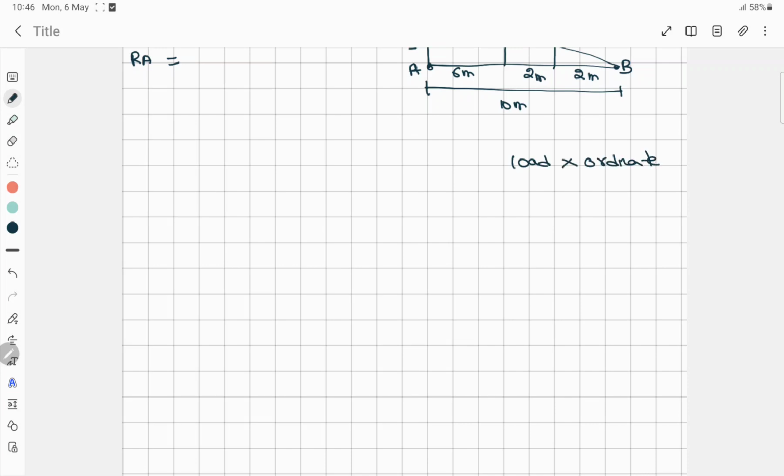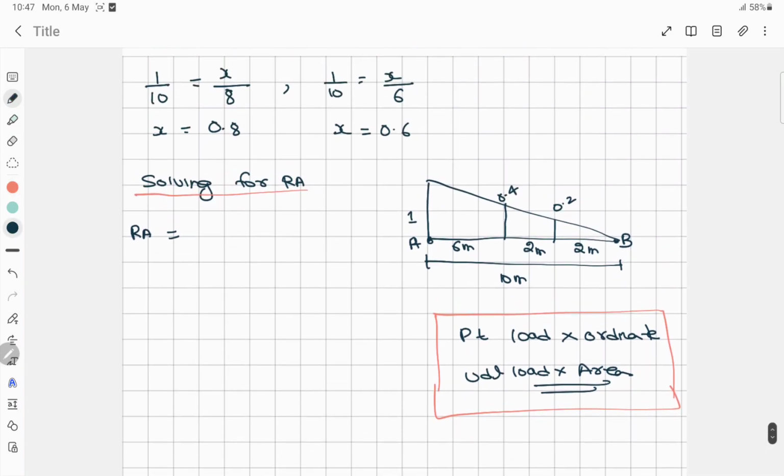But in case of the UDL, we have to take the load into the area, okay, in case of UDL and in case of point load. This is an important thing which you have to remember, okay? Now let's start. So finding the value of RA, what is there?